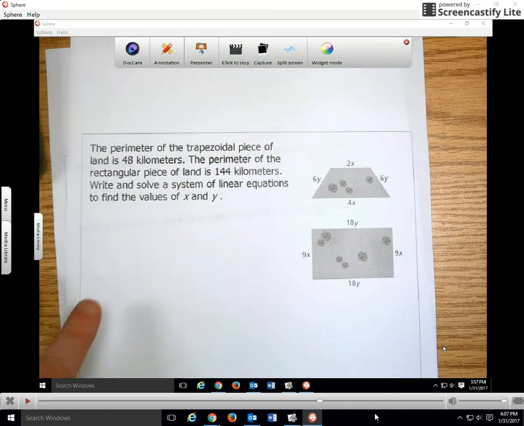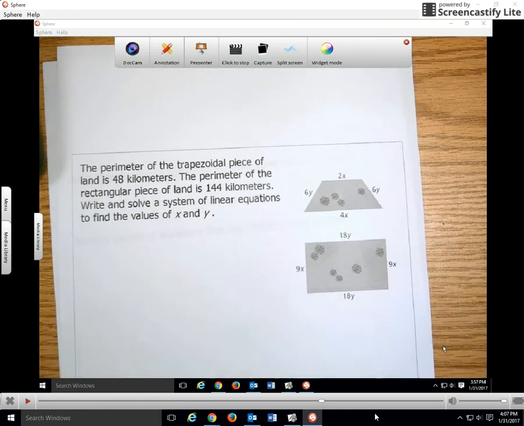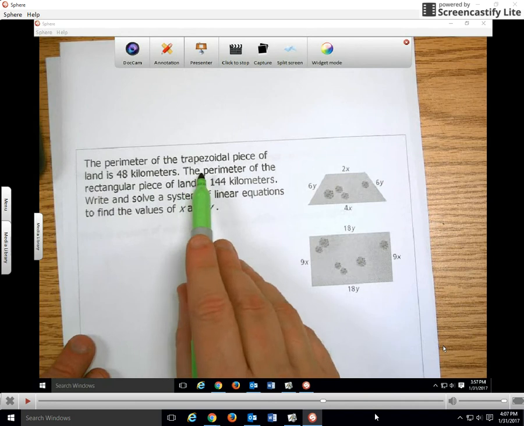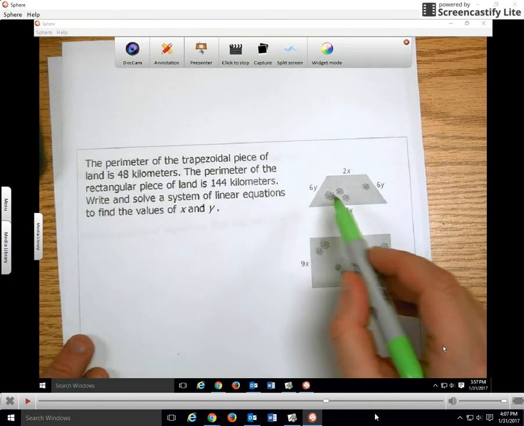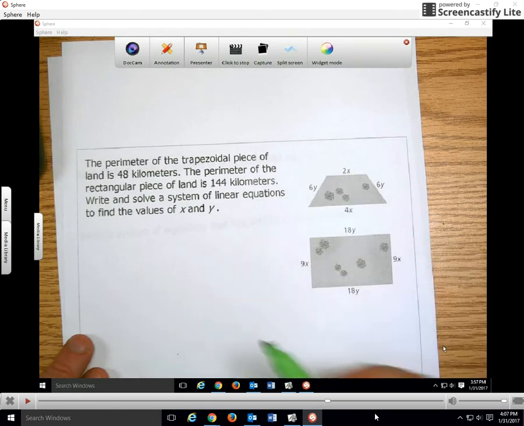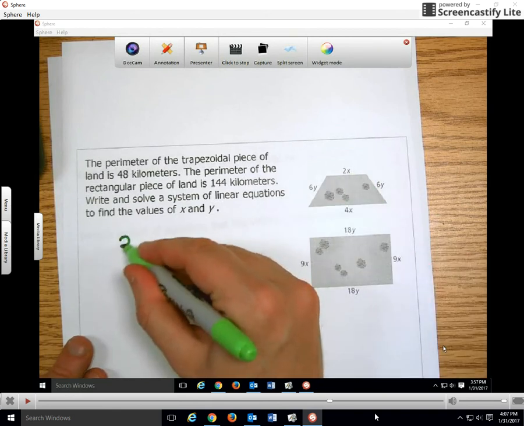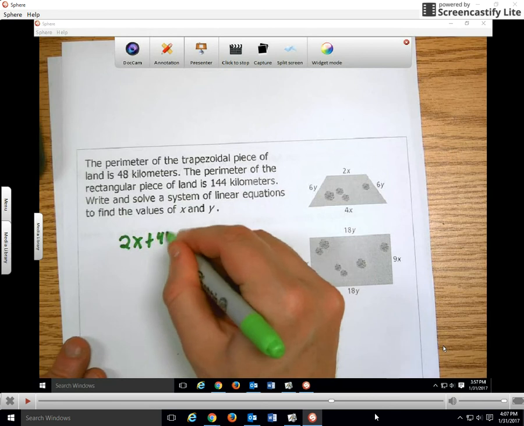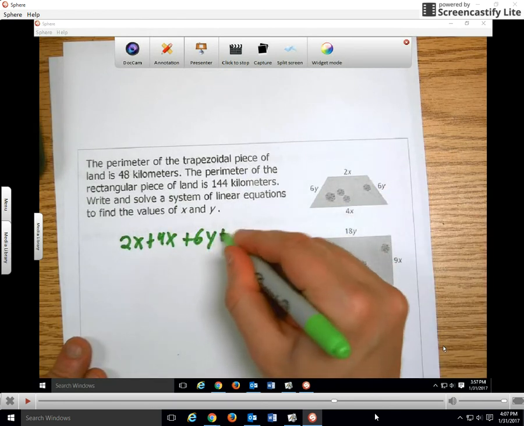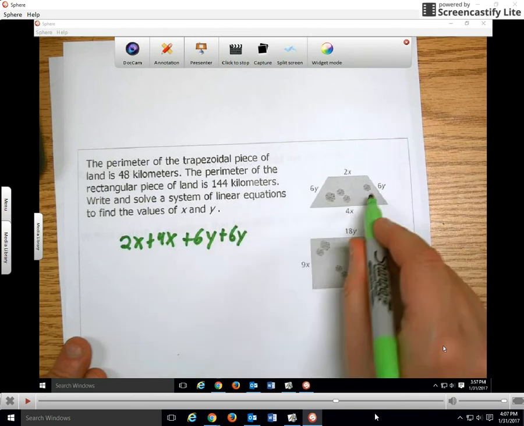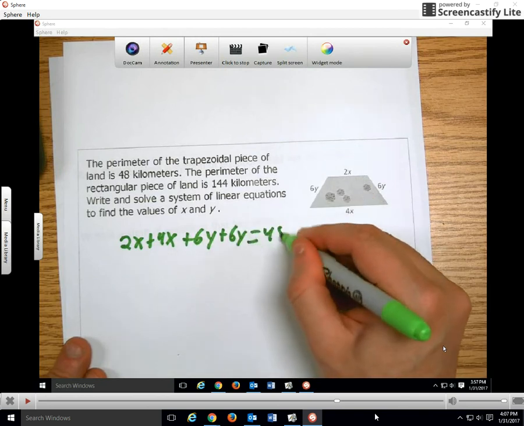Okay, last problem I'm going to try to squeeze in here is this word problem. It says the perimeter of a trapezoidal piece of land is 48 kilometers. And it gives you the dimensions here for the x's and the y's. So we know that 2x plus 4x, put the x's together, plus 6y plus 6y, put these y's together, equals 48.